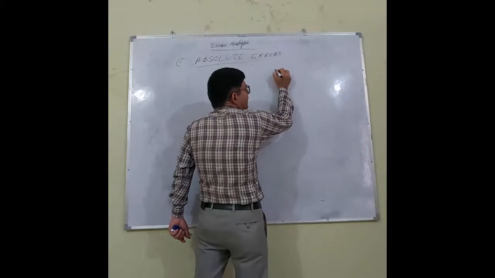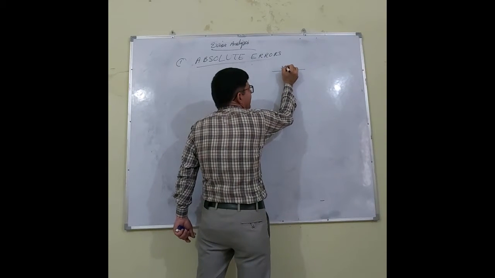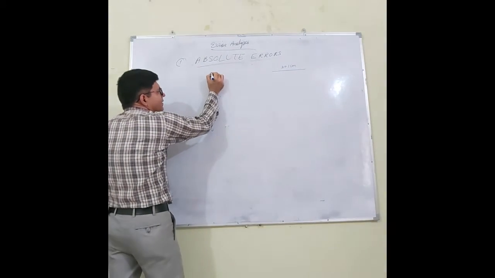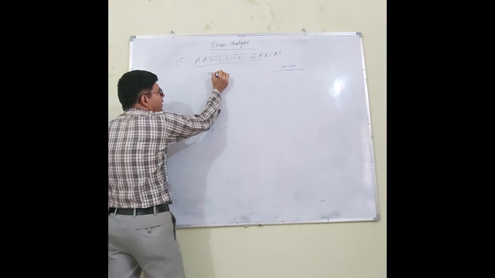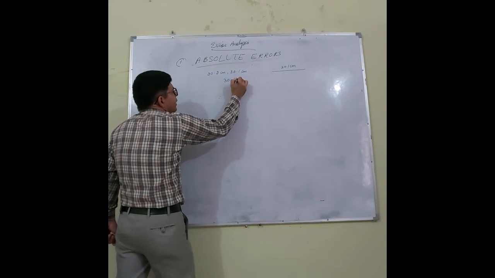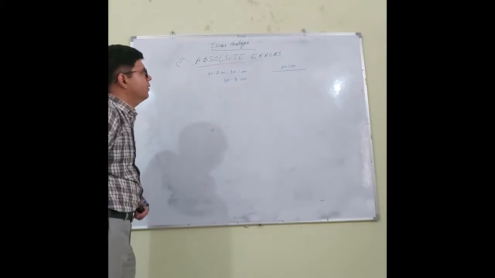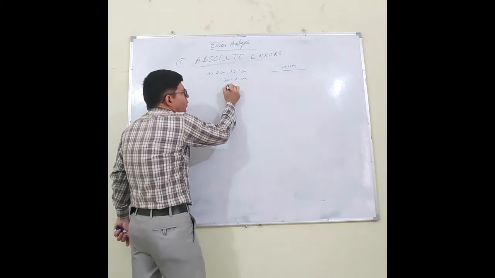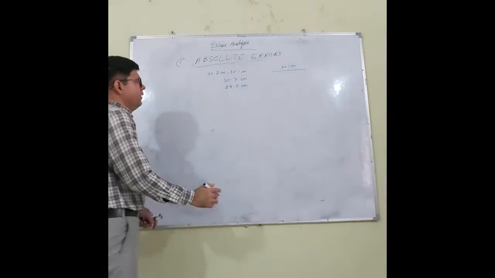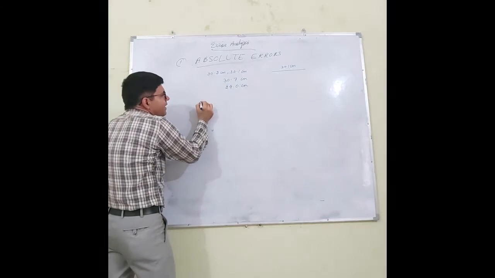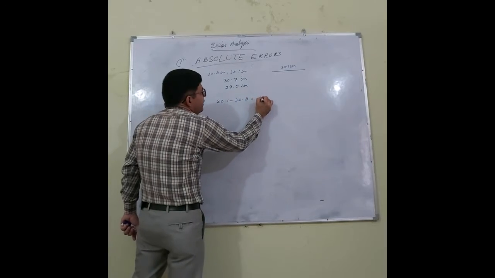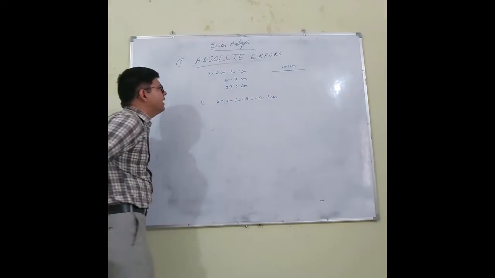For example, if I say that the length of this line is 30.1 centimeter, but three students measured its length as 30.2 centimeter, 30.1 centimeter, and 30.7 centimeter. And let us say there is a fourth student who said that its value is 29 centimeter. Then what is the absolute error? The absolute error in the reading of the first student will be 30.1 minus 30.2, it is 0.1 centimeter with a negative sign.